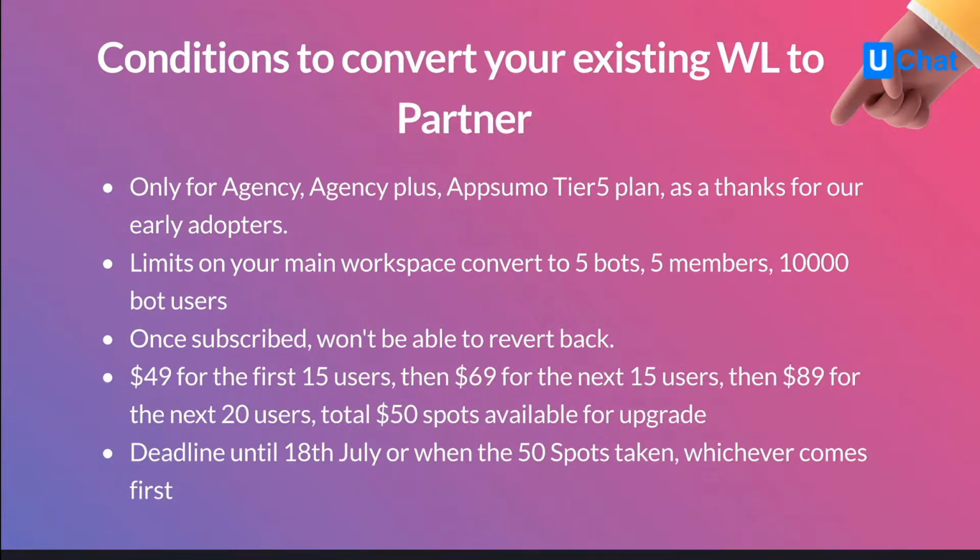Basically, that workspace needs to have the white label settings. If you are on the other plans, you do not have the white label settings and your main custom domain, this is not the offer for you. Okay, if you want to join our partner program, you need to go through the early adopter offer. That is $99 per month, and it's also limited to 50 users. Okay, so that's the first condition.